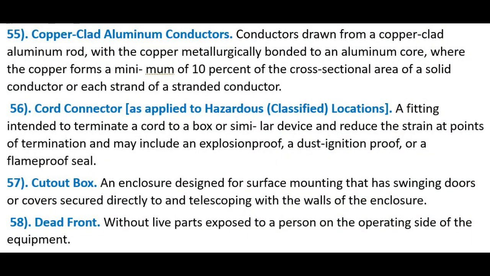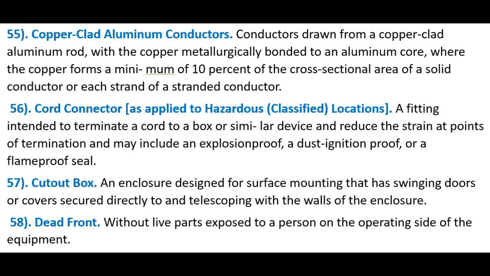55. Copper-Clad Aluminum Conductors. Conductors drawn from a copper-clad aluminum rod, with the copper metallurgic alloy bonded to an aluminum core, where the copper forms a minimum of 10% of the cross-sectional area of a solid conductor or each strand of a stranded conductor. 56. Cord connector, as applied to hazardous, classified, locations.